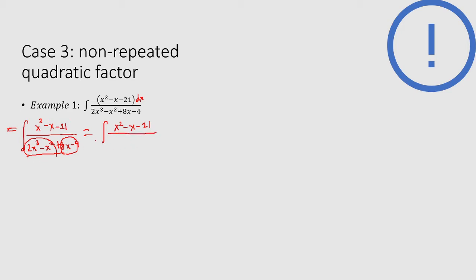For the first group, we can factor x squared times 2x minus 1. And the other group is 4 times 2x minus 1. Therefore, this is now equivalent to x squared minus x minus 21 all over x squared plus 4 times 2x minus 1.